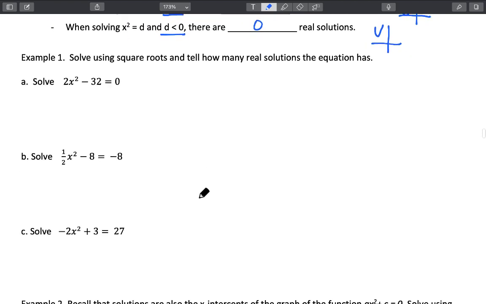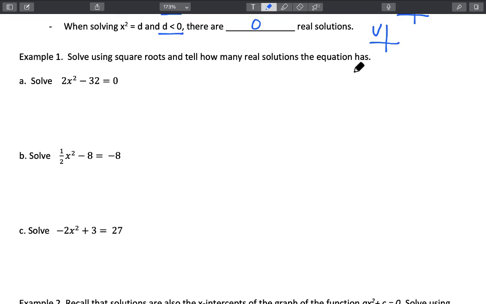Solve using square roots and tell how many real solutions the equation has. So we have 2x squared minus 32 is equal to 0. Notice that there is no x term, so we can solve using square roots. We're going to move the 32 over. That gives us 2x squared is equal to positive 32. Divide off the 2, and now x squared equals 16.